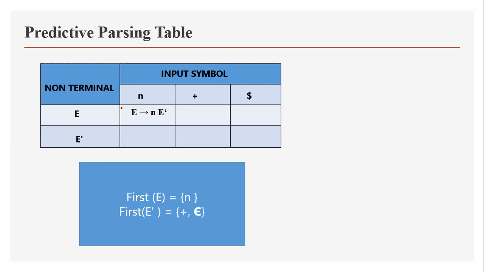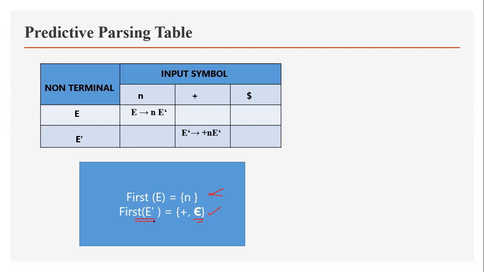Then first of E dash is plus and epsilon. On plus, you fill the production: E dash on plus is E dash derives plus n E dash. After filling that, for epsilon, you have to verify where the epsilon is. Where epsilon is present, we take the follow of that non-terminal.